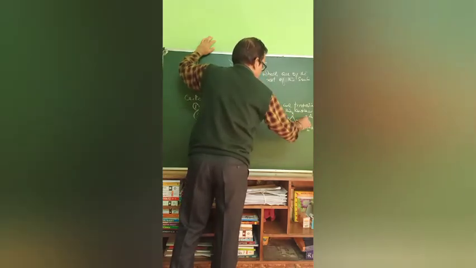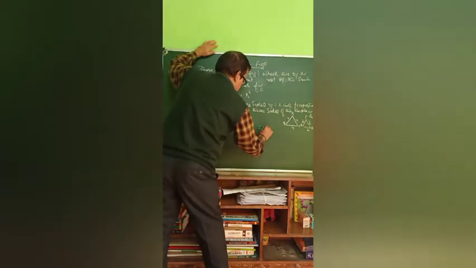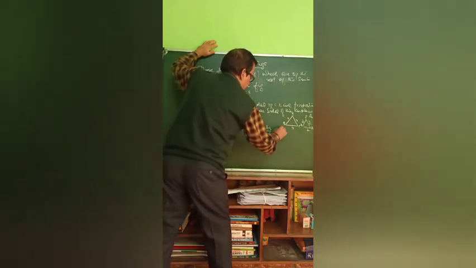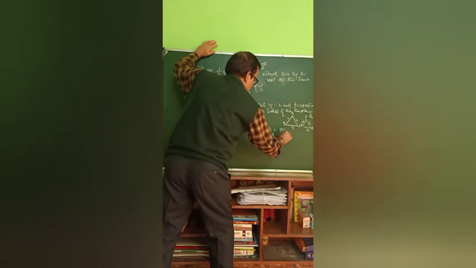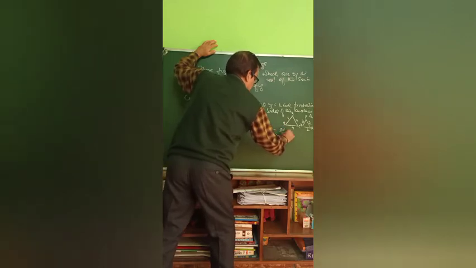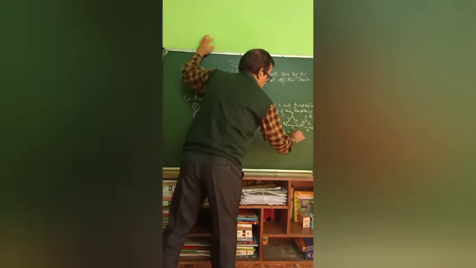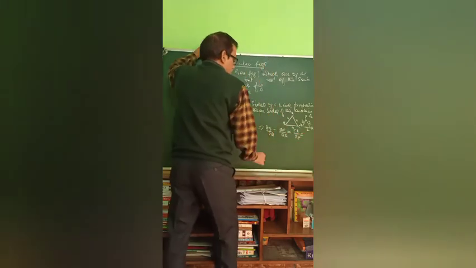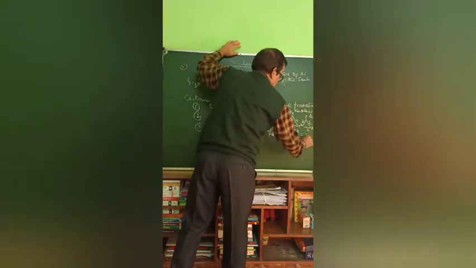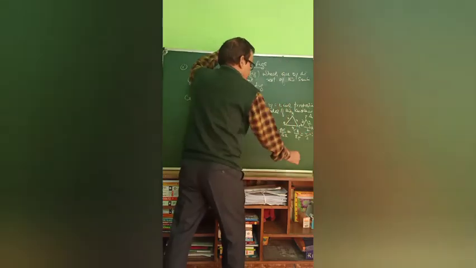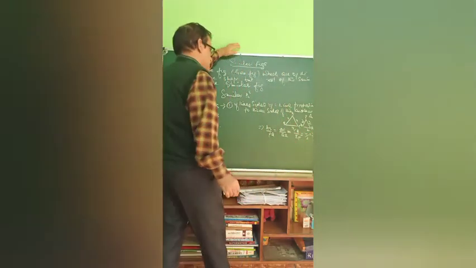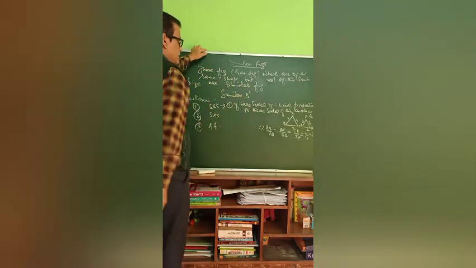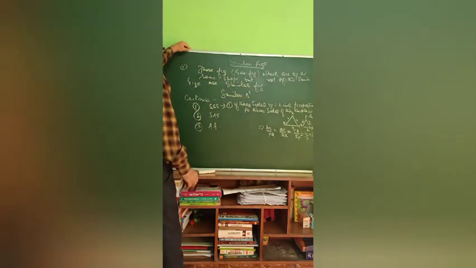So AB upon PQ is equal to BC upon QR is equal to CA upon RP is equal to 4 upon 2, that is equal to 2. So the ratio is 2 by 1. The corresponding sides are in the same proportion, so the triangles are similar.